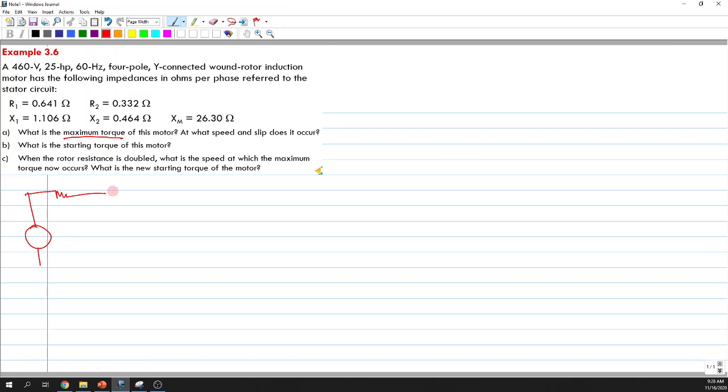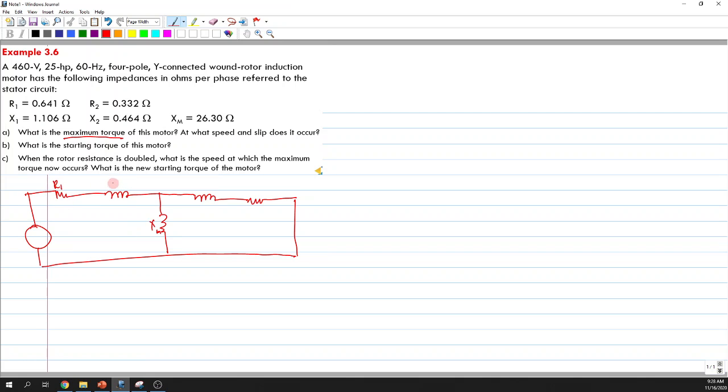This is R1, this is X1, and then this is X2, this is R2. This is the equivalent circuit, and this is the XM.